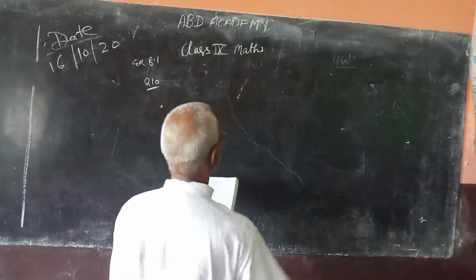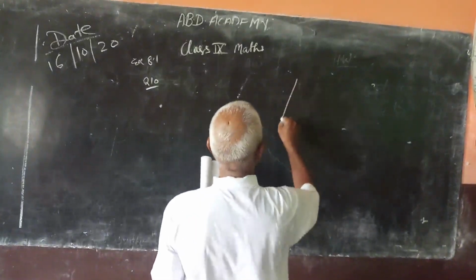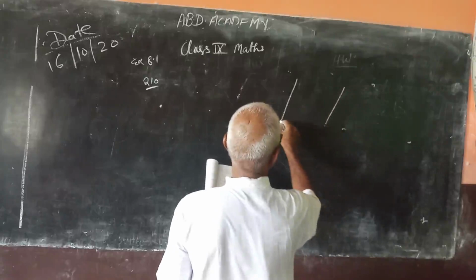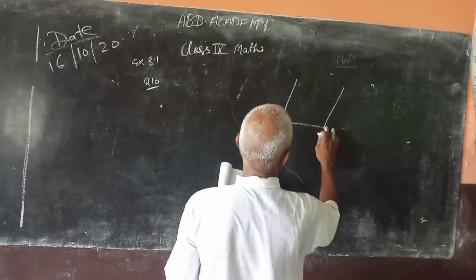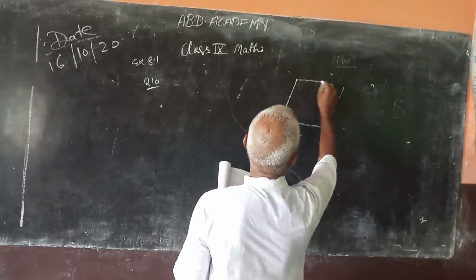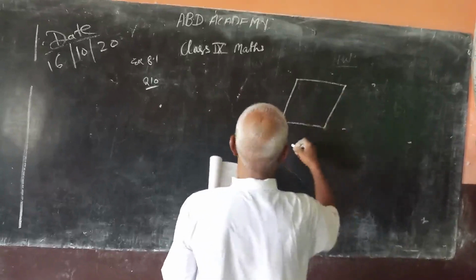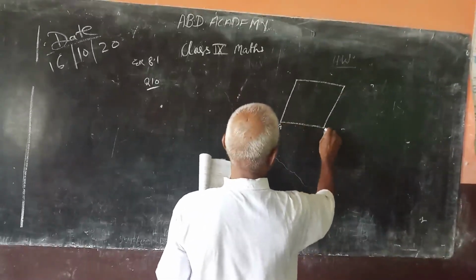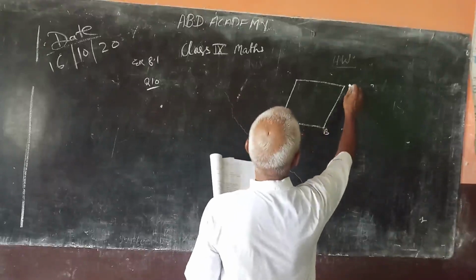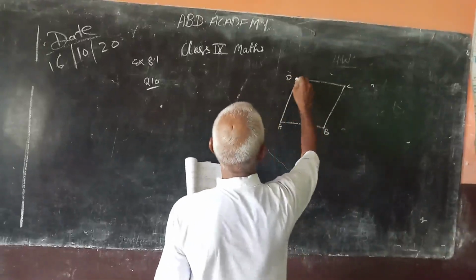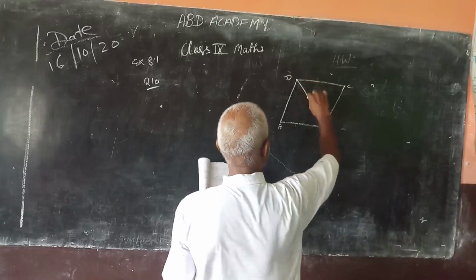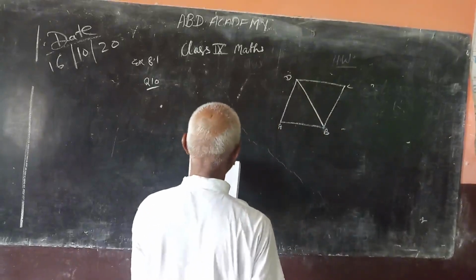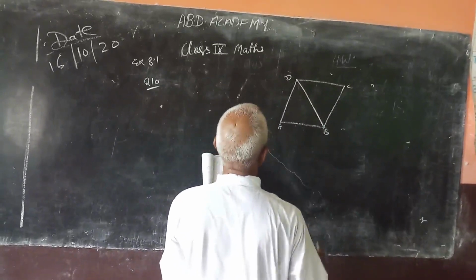Question 10. A parallelogram is given like this, AB, CD, diagonal BD joined, and 2 perpendiculars.